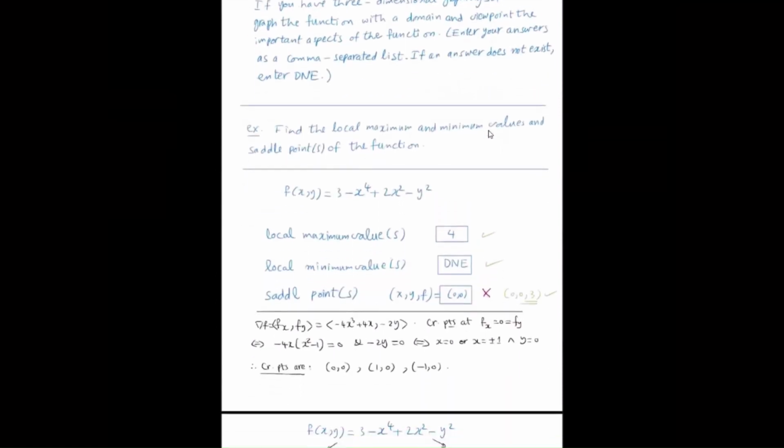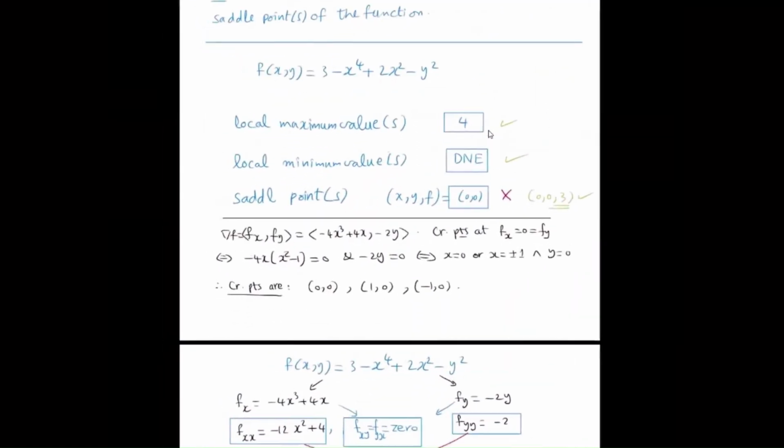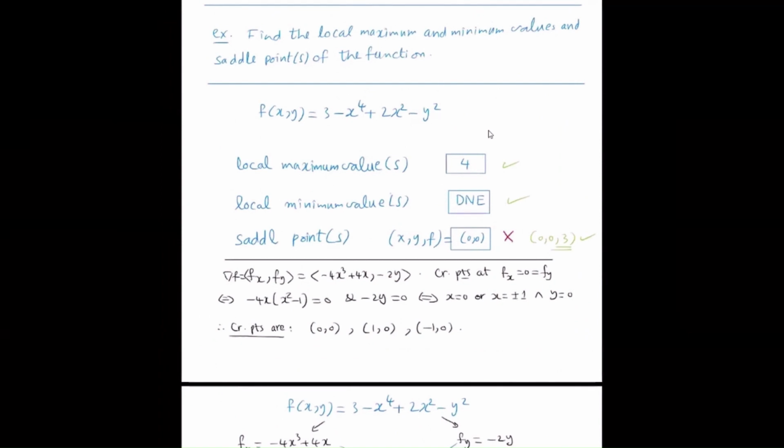This is an example from your web assign, and it is given like this. It says find the local maximum. The word local may be interchanged with the word relative. Local maximum and minimum values, and saddle points of the function given this way. This has no corners, this has no cusps, so this is always differentiable.